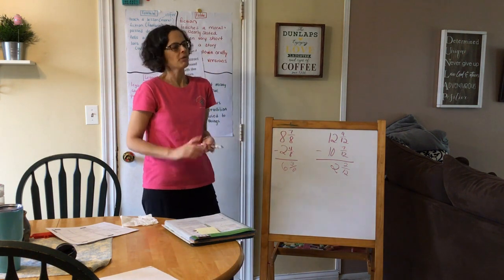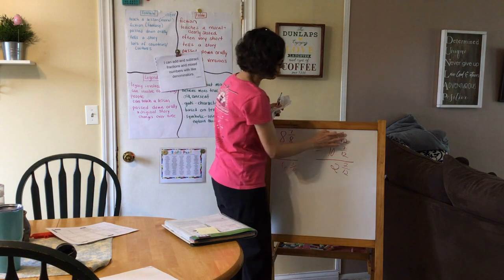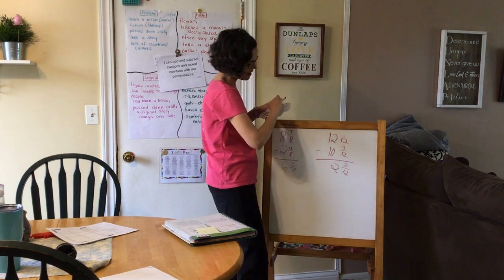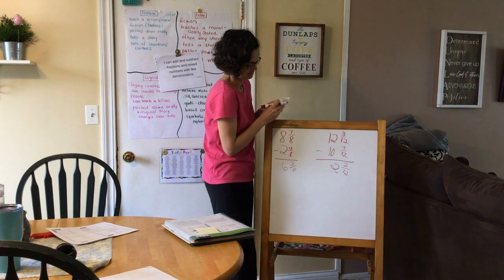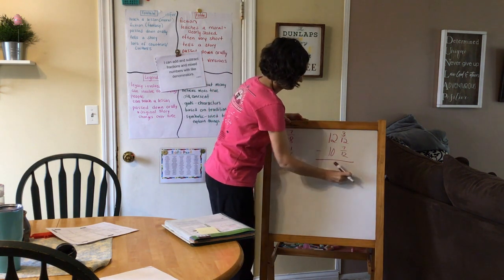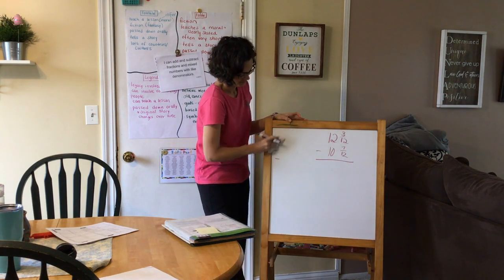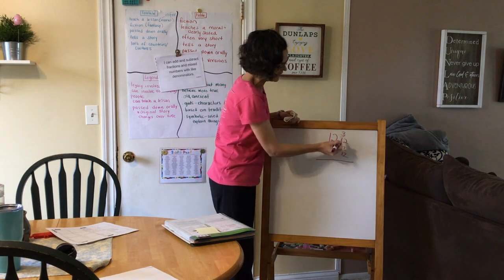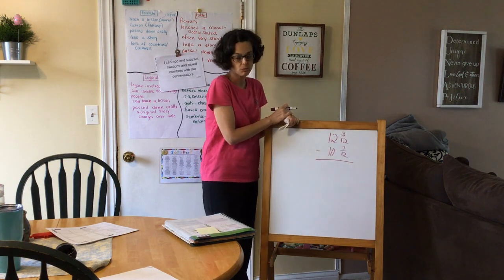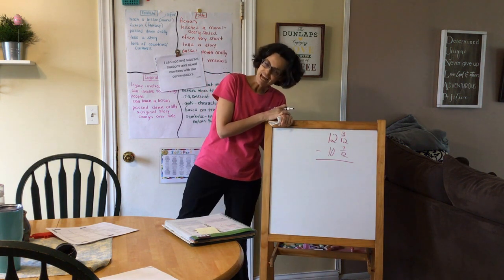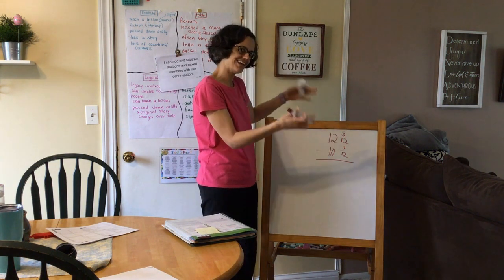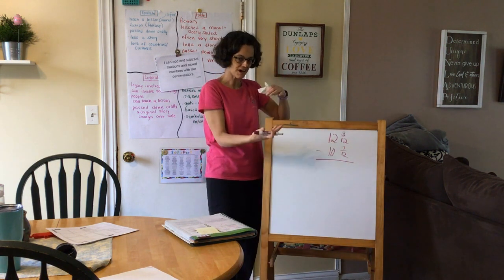Now, you're probably wondering, well, what would happen if you had a mixed number like this? Where you can't do 3 minus 7. Well, what do you do? There is a way to solve it, and you borrow or you trade in a whole to get a fraction.